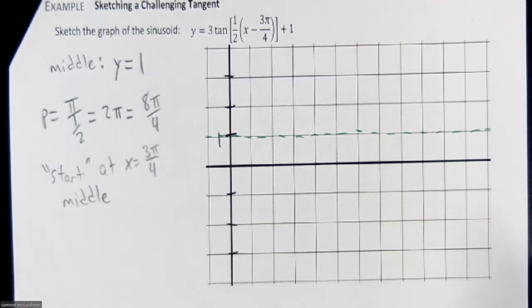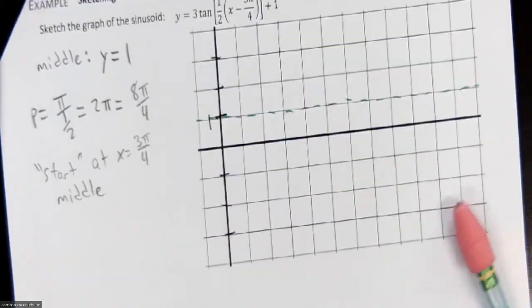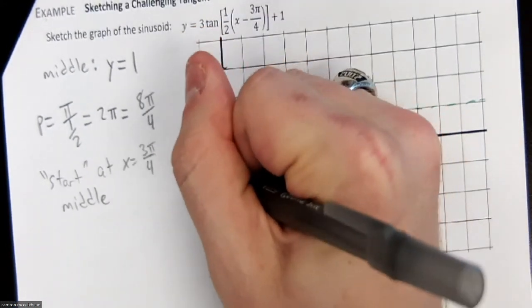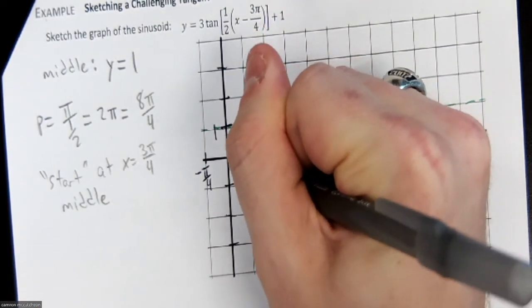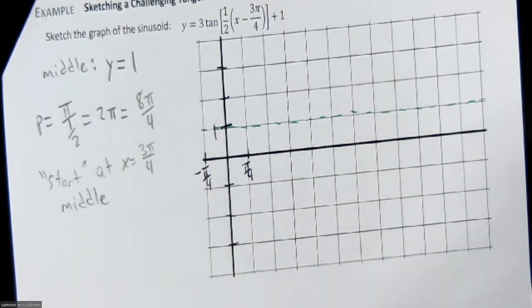So I'm going to build my scale at pi over 4. Right here will be negative pi over 4, and then positive pi over 4. I'm going to take it all the way out to the last one? Yes, I mean, I could. It'll end at 3 pi.